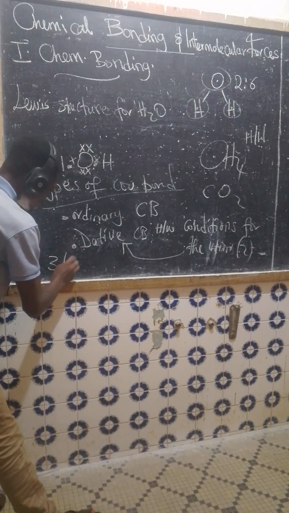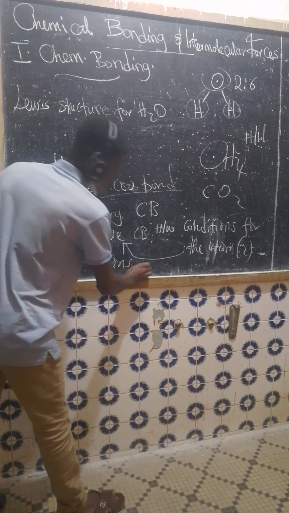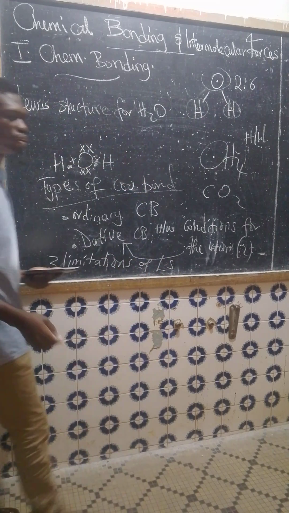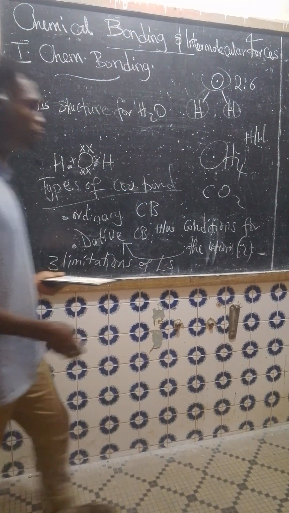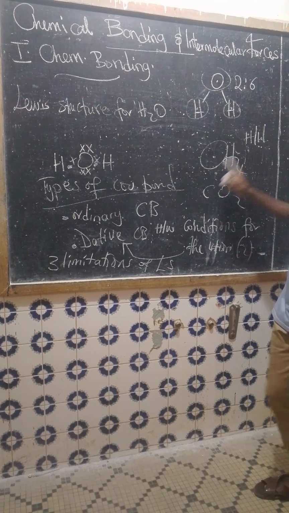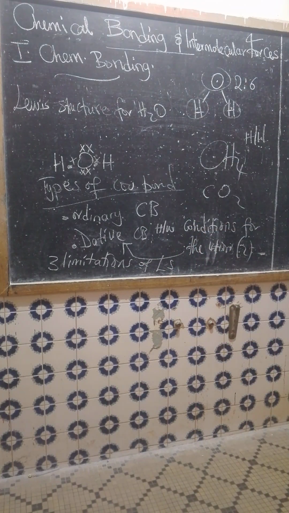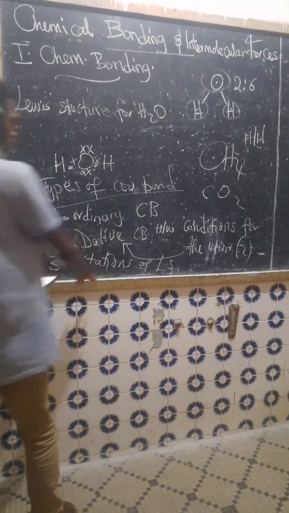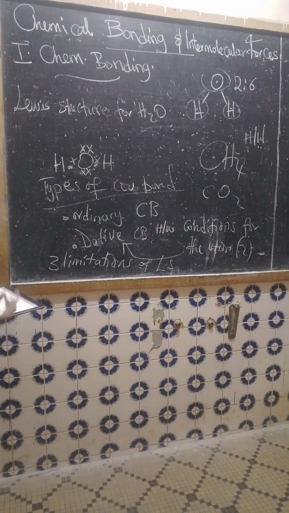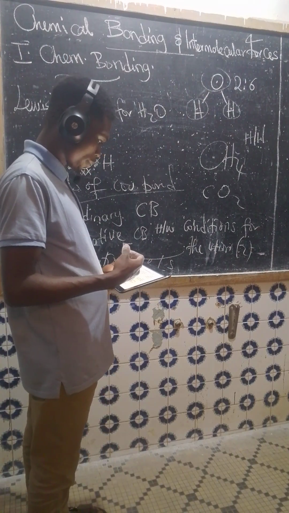And then three limitations of Lewis structure for the formation of covalent bond. I don't know if I'm giving too much assignment. This was one already. This two, it's just three. Okay, four. So it's not bad. Three limitations or shortcomings of the Lewis structure for the formation of ionic compound.